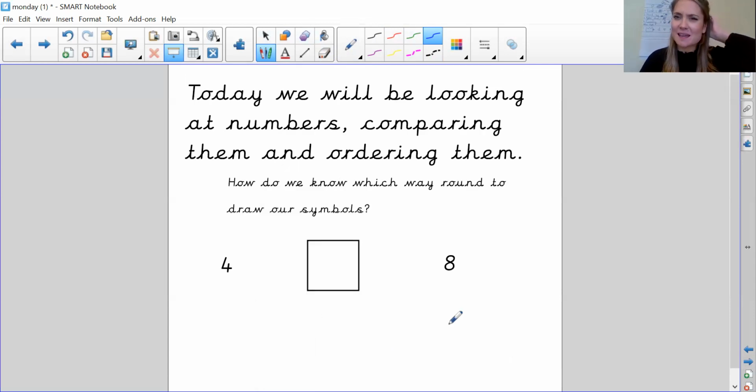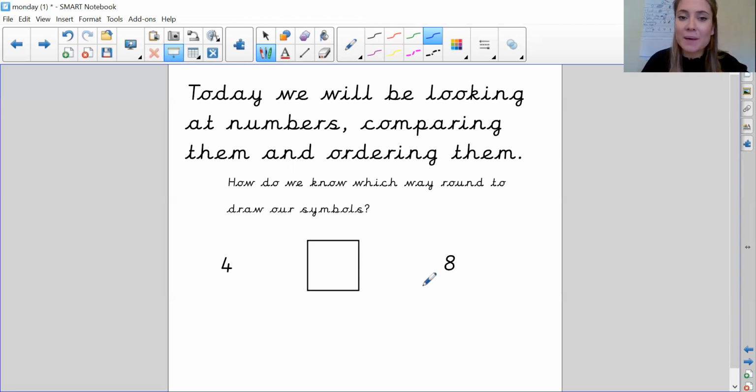Okay, so let's have a think now. Now we know that, which way round should we draw our symbols? I've got 4, 8. 4, 8. Is it greater than, less than, or equal to? Which symbol will I be using? Well done if you said less than.